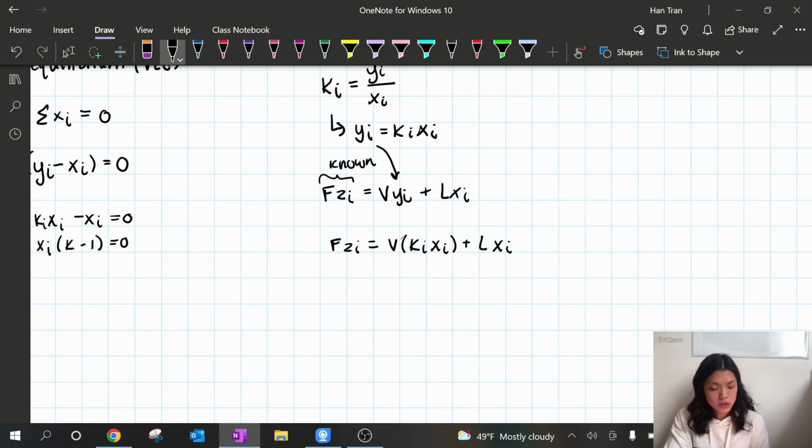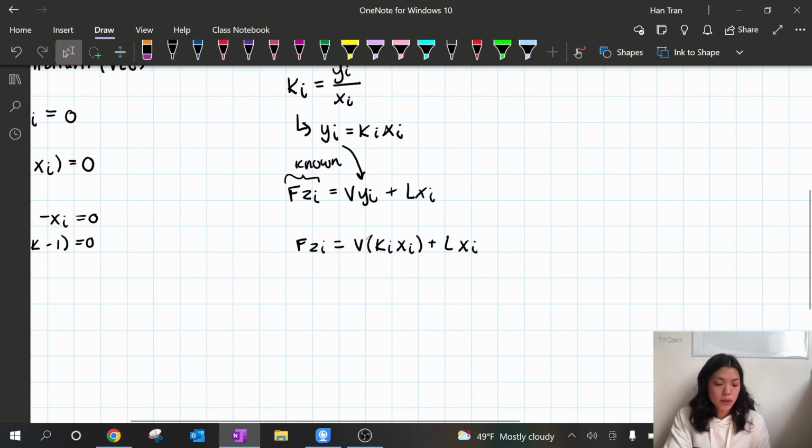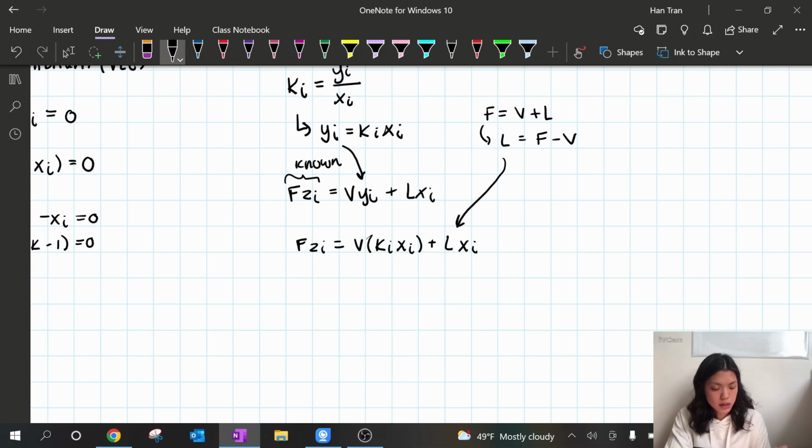Now we also don't know the liquid, but another one of our mass balance equations is the feed equals the vapor plus the liquid. So if we move things around, we know the liquid is going to equal the feed minus the vapor. So we can plug that in as well.